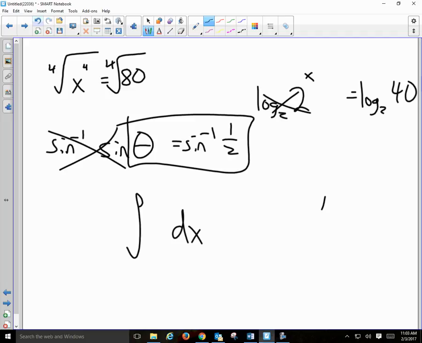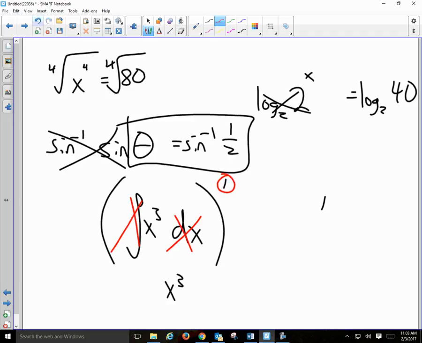So in other words, if you take the derivative of this, you just end up with the function. This right here makes this and this go away. This means antiderivative, this means derivative.